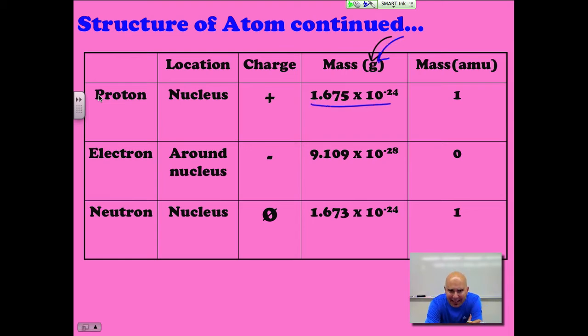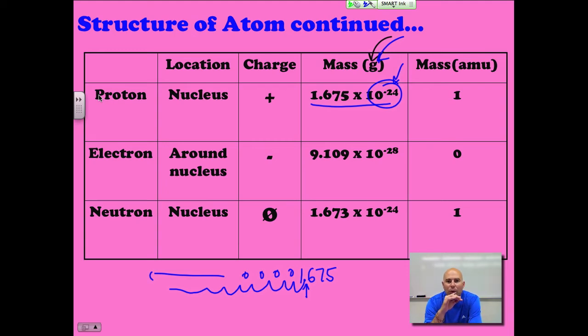It's a ridiculously small mass: 1.675 times 10 to the negative 24. A negative 24 exponent means the number is less than 1, with all these zeros in front of 1.675.